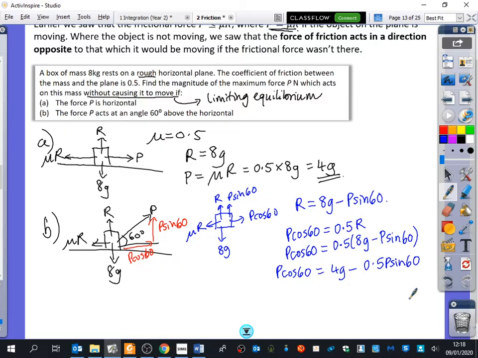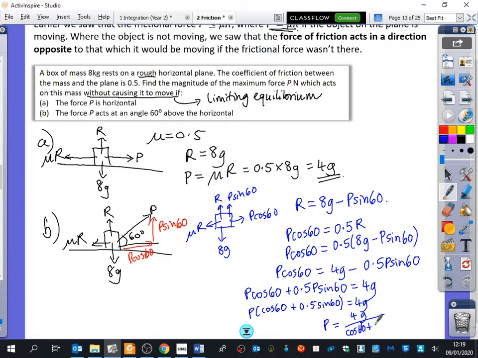I'm actually going to isolate P onto one side and then factorize it. Okay, so I'm going to put this onto that side. So I get P cos 60 plus 0.5P sin 60 is equal to 4G. Then I factorize it, so I get P times cos 60 plus 0.5 sin 60 is 4G. And so P is equal to 4G divided by cos 60 plus 0.5 sin 60.